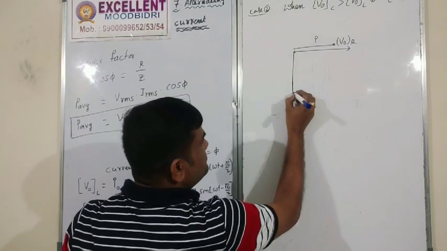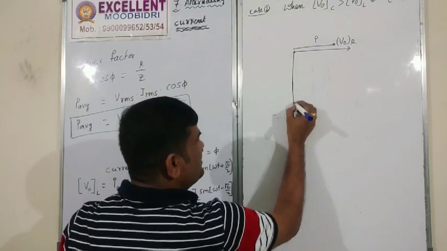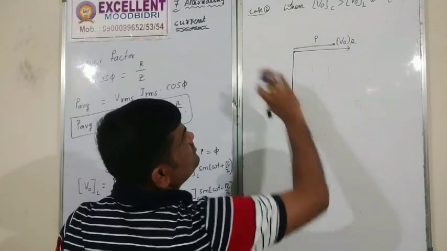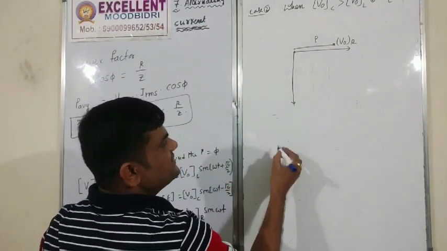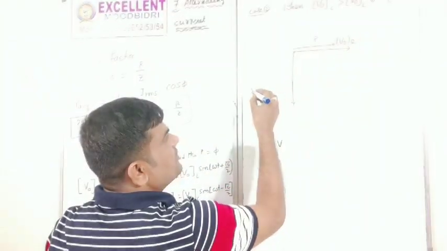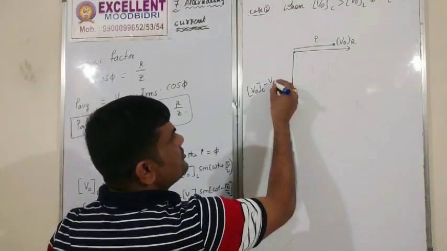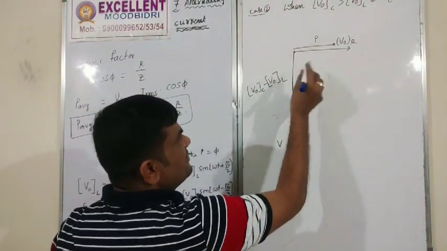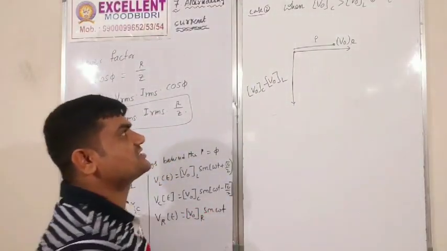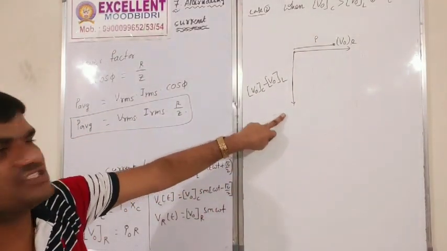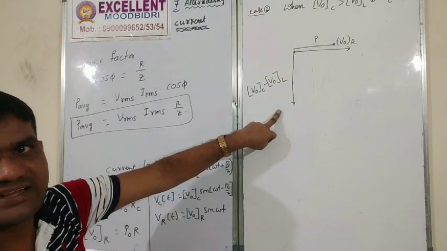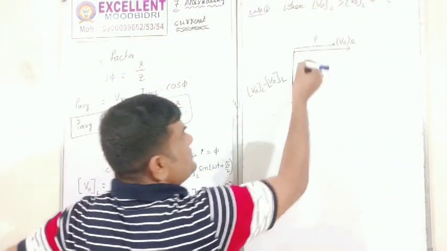So that one also becomes negative, only this side. Correct? V naught C minus V naught L, this one. V naught L minus V naught C. Correct? Okay.